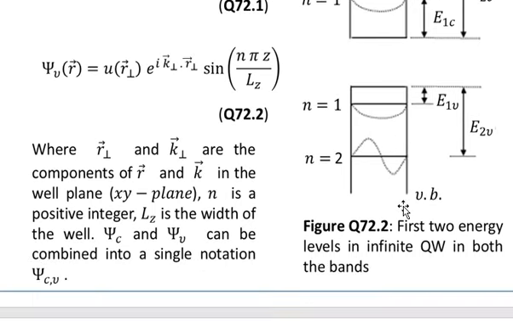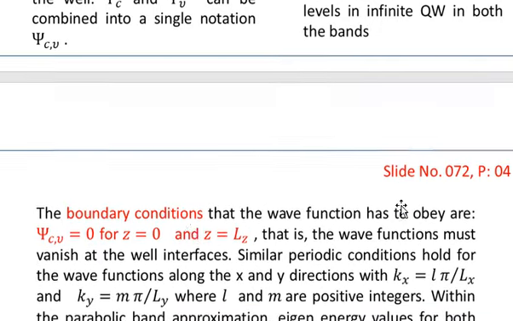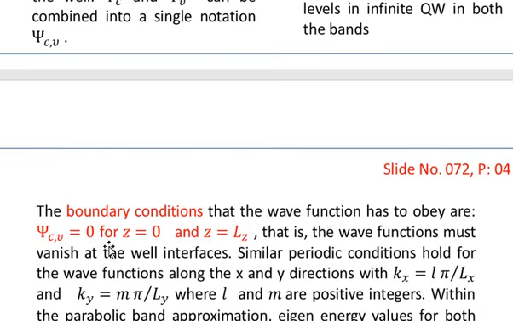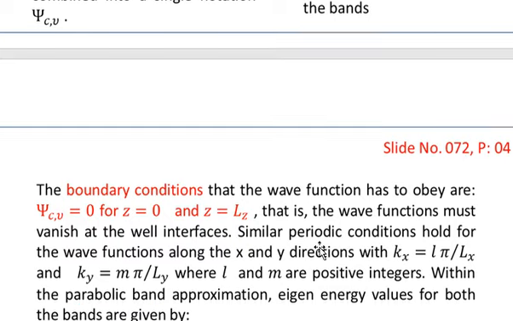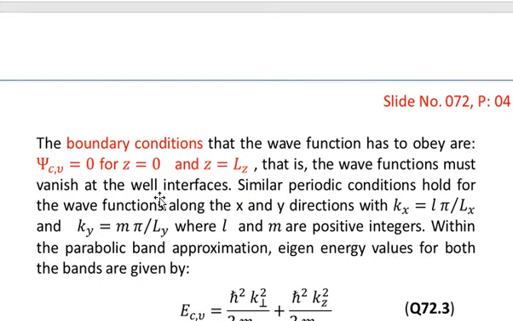And you see that we are putting the condition that our wave function vanishes at the walls of the well. That is, the wave functions must vanish at the well interfaces.